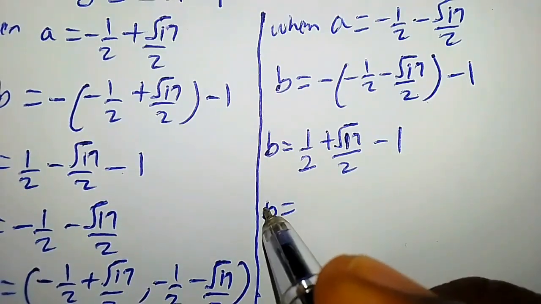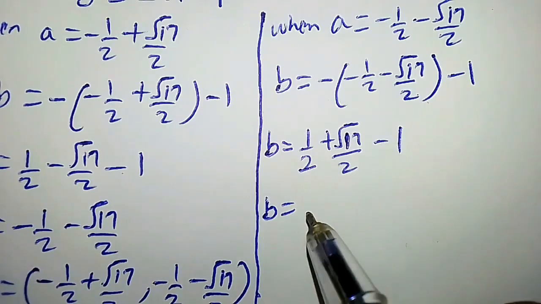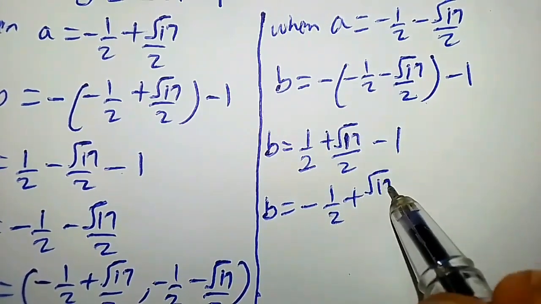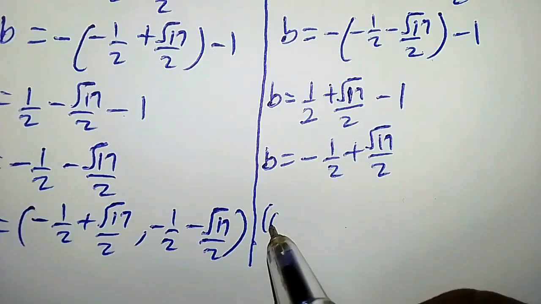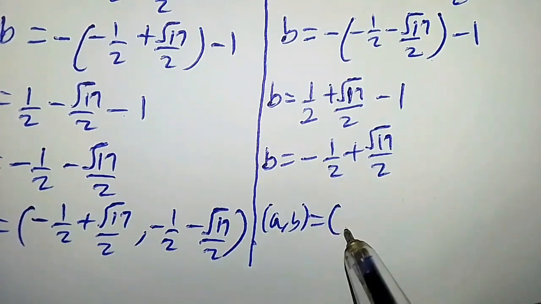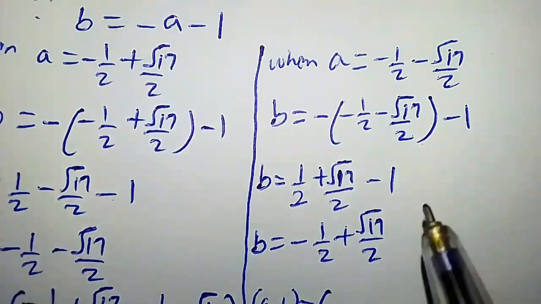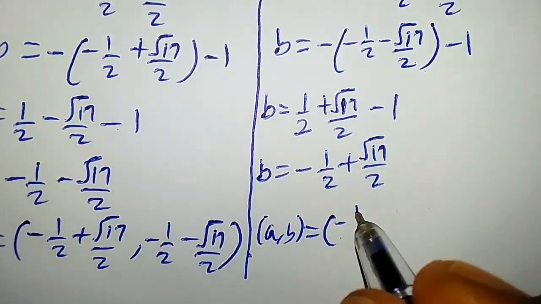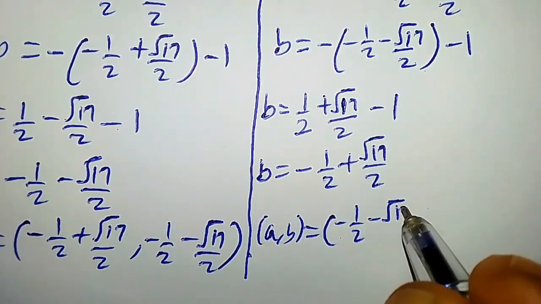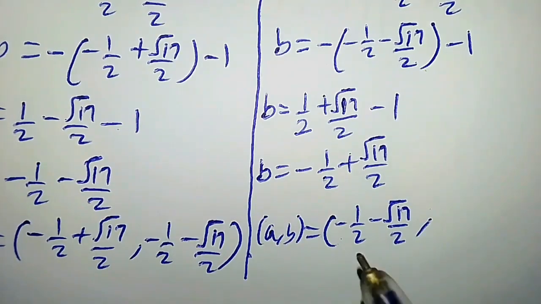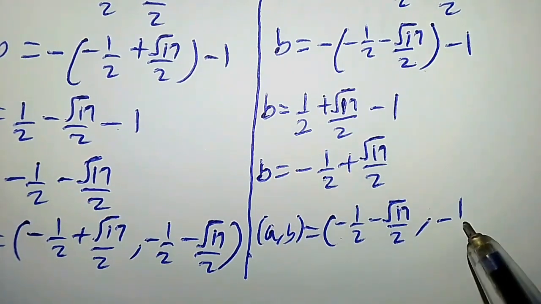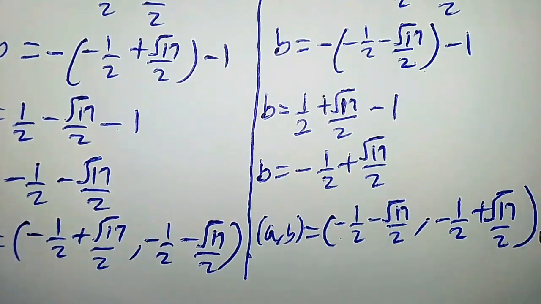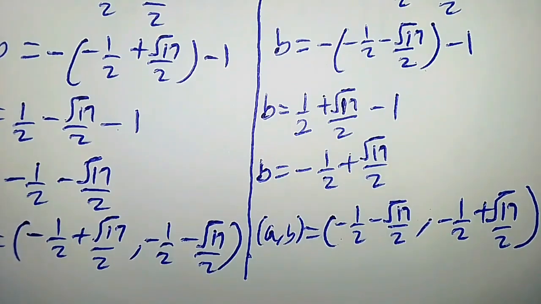B equal to 1 over 2 minus 1, that is minus 1 over 2 plus square root of 17 over 2. This means that A comma B is equal to, what is A? A is minus 1 over 2 minus square root of 17 over 2, comma, and B is minus 1 over 2 plus square root of 17 over 2. This happens to be the fourth solution.